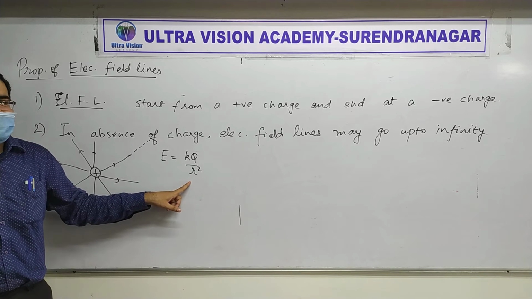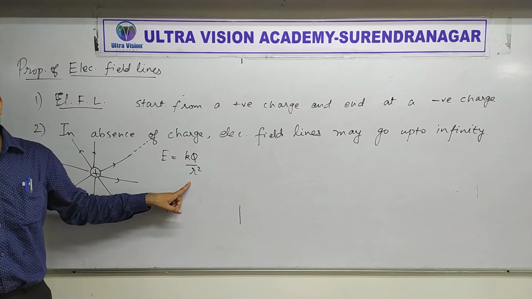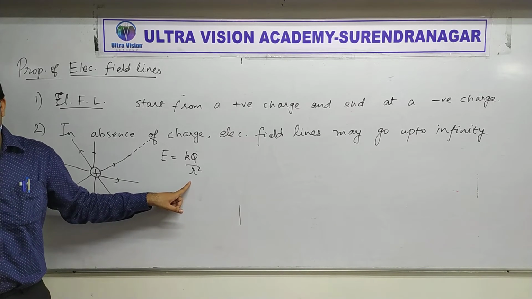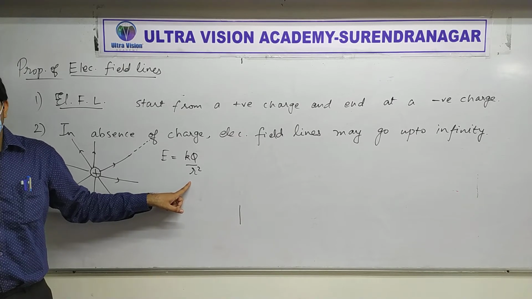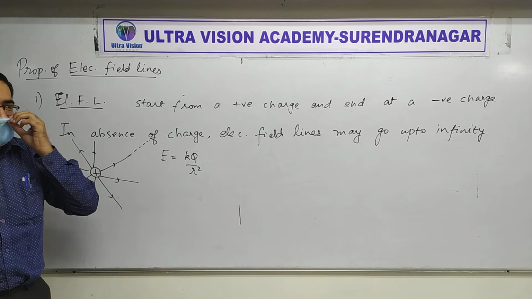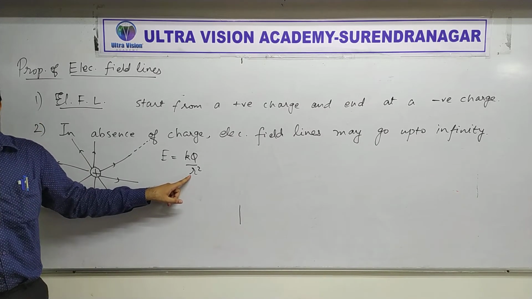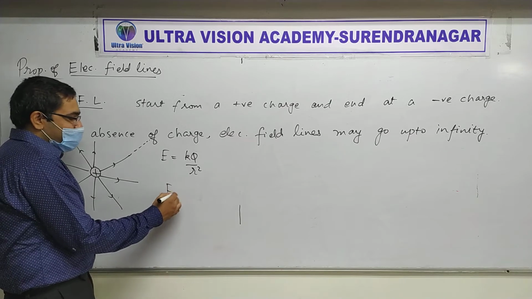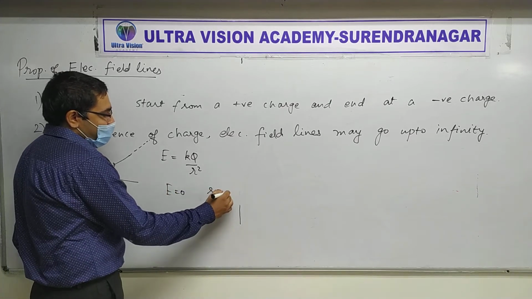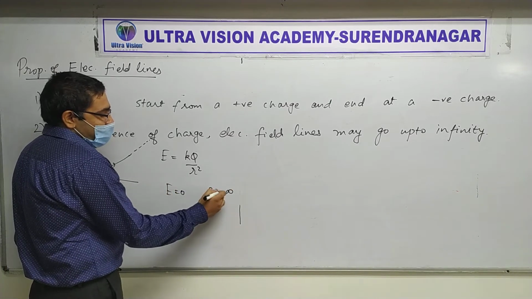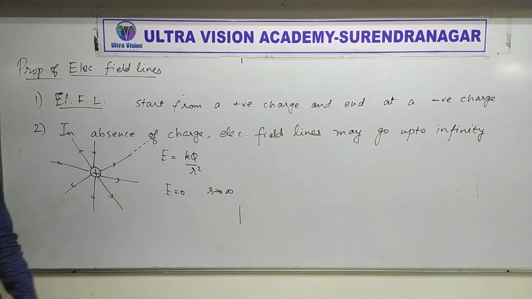Can you find it at 100 meters? Yes. 1000? Yes. 1 billion? 1 billion billion? Yes. I hope you got the idea. You can put any value of R, no problem. You will get E equal to 0 only if R is infinite, or in mathematical language, tends to infinity.